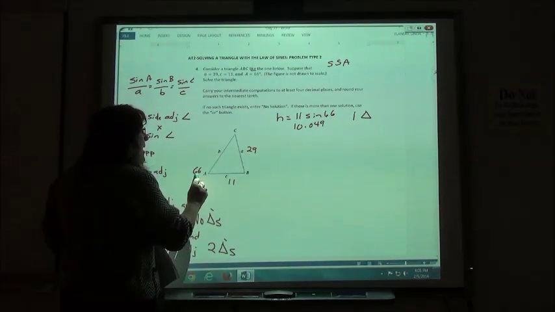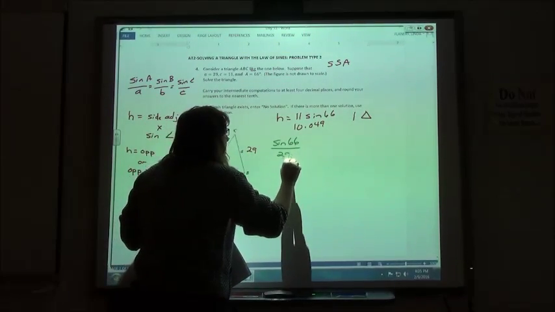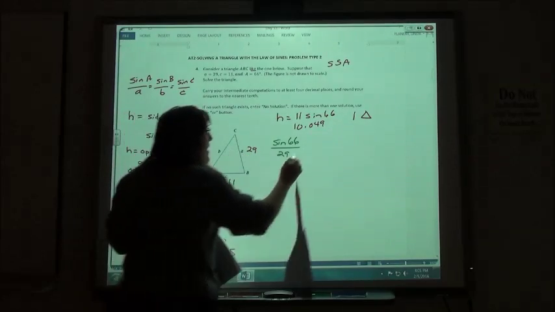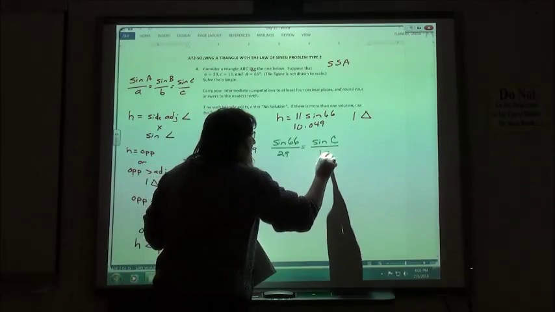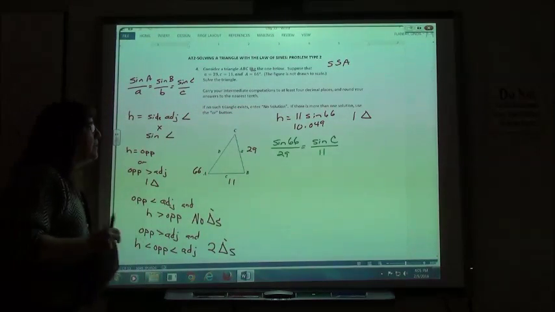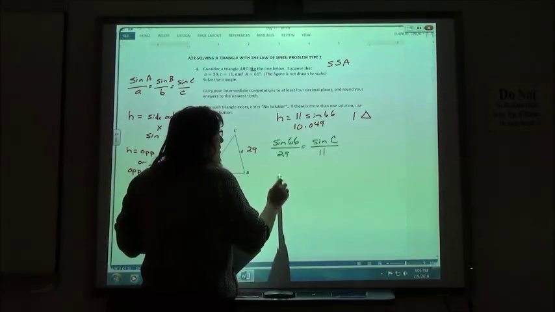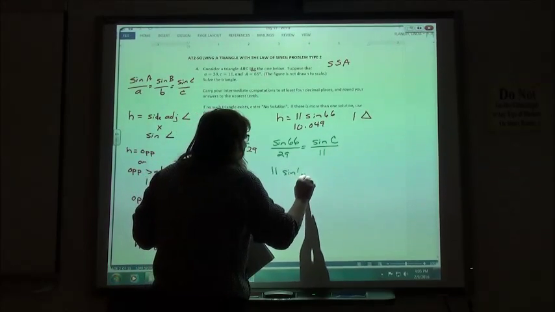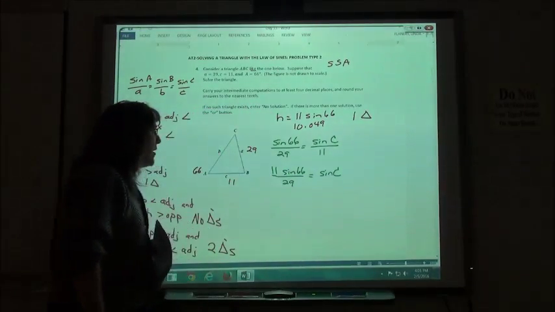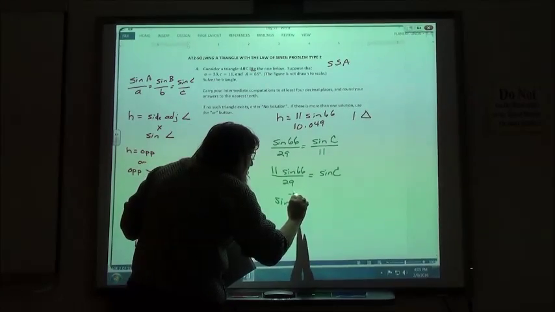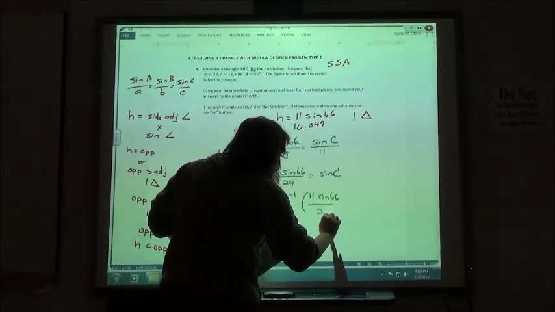We know that if we take the sine of 66 over 29, so sine of angle A over side A, it's going to equal the sine of C over 11, since I have side C. Cross multiplying here, I'm going to say 11 sine of 66 over 29 equals the sine of C, and so on our calculator we're going to do the inverse sine of 11 sine of 66 over 29.